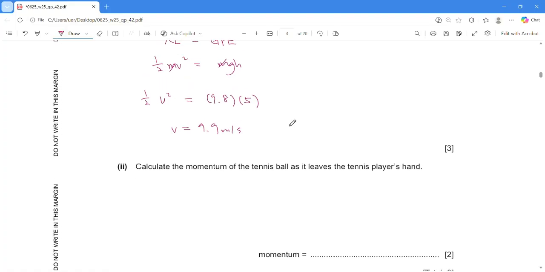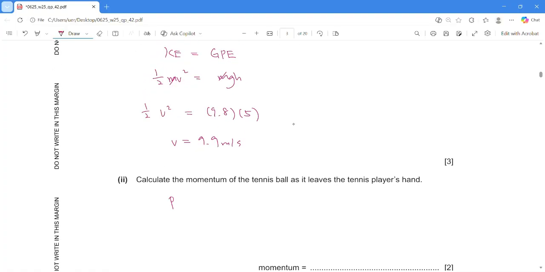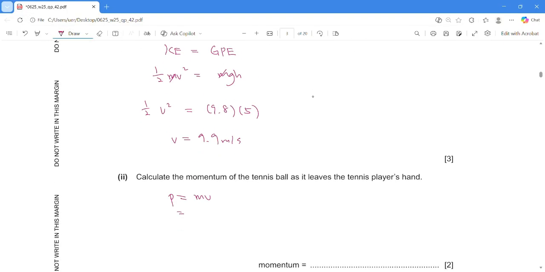Okay, so momentum, P equals mv. So the mass, 5.8 times 10 to the power of negative 2, times the velocity, 9.9, and you should get a final answer of 0.57 kg m/s. Oh my god, so close to 6-7.